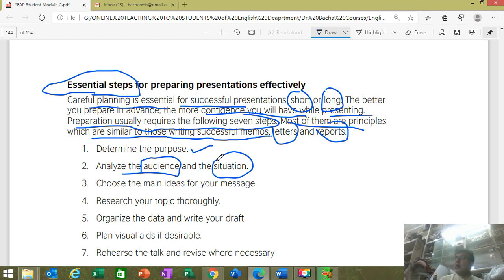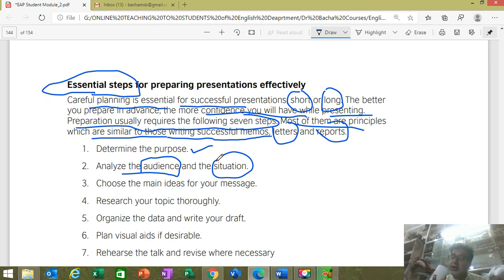For example, if you are going to present before uneducated people and you use technical information before them, it will look odd and stupid on the part of the presenter. And you have to look at the situation too. For example, if the situation is very solemn and serious and you try to deliver your information, the people will not be attentive.